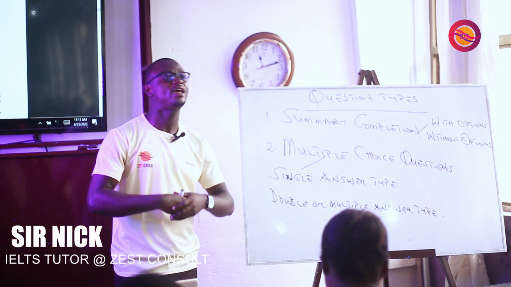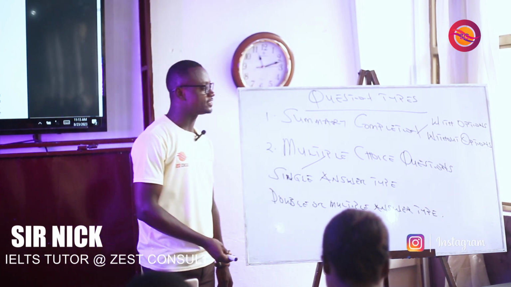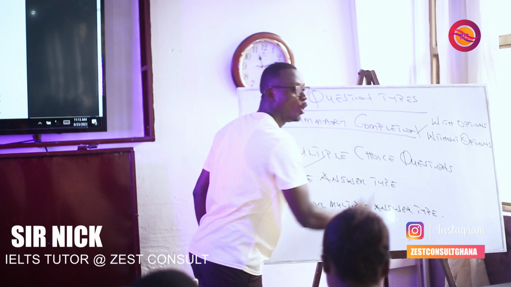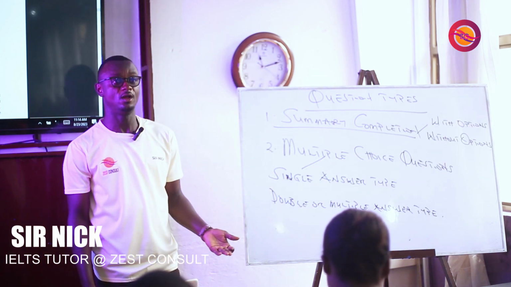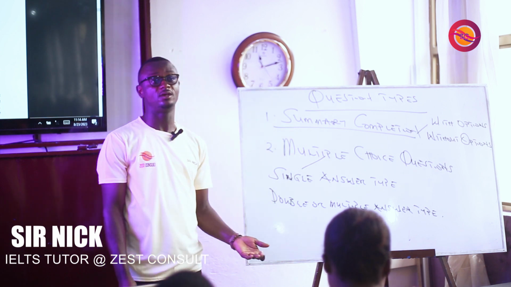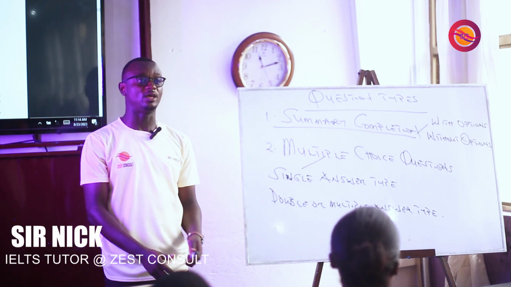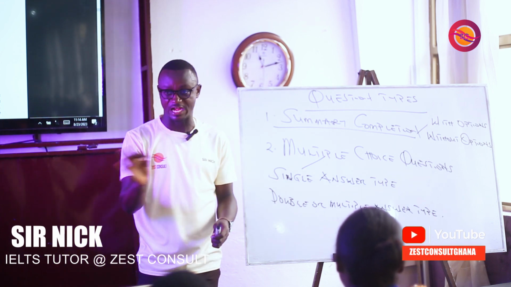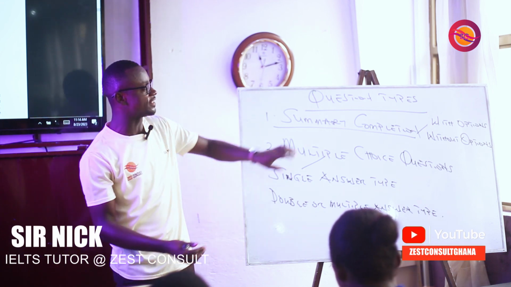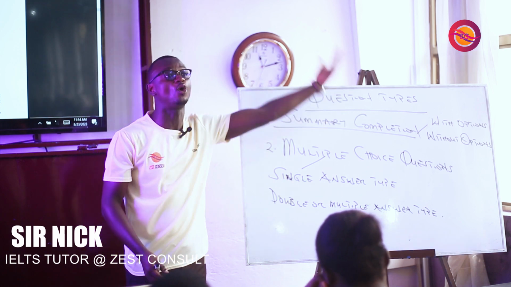Now, I have earlier indicated that summary completion is part of the fill in the gaps question. For the fill in the gaps, it means that in their quest of writing such questions, spaces are created, making the sentence or the summary incomplete.